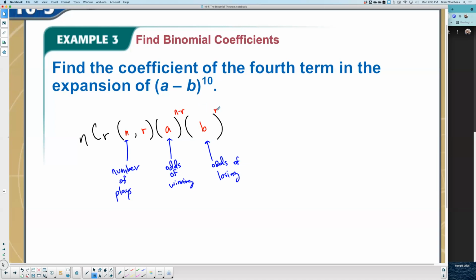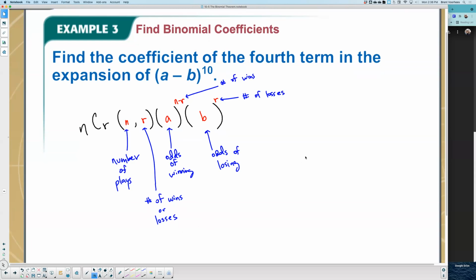You could consider this r and this n minus r, but this right here is the number of wins. What this will always represent is the number of losses. This r right here, it doesn't matter if you do the number of wins or the number of losses. It can be either one. Well, your teacher, Mr. Voorhees, doesn't like to lose. So I just usually go off the number of wins. I don't like losing. Okay. That might be a problem with my character, but I just don't like it. I like to win. So I'm going to do winning over there.